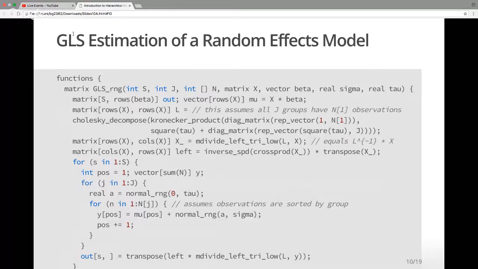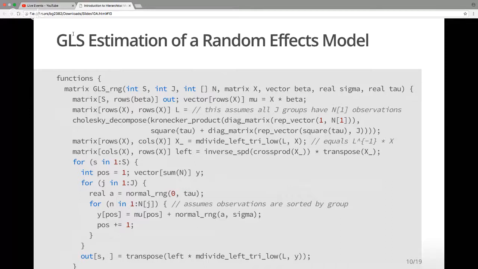So we need to fill it with something before we can do any sort of an estimator. So now we're going to loop over the J groups. And the first thing we're going to do for the Jth group is draw A from a normal distribution with center 0 and standard deviation tau.